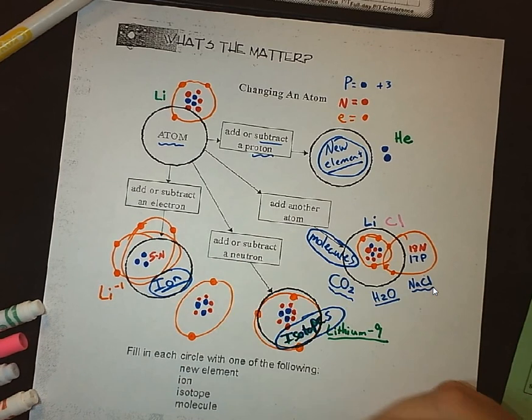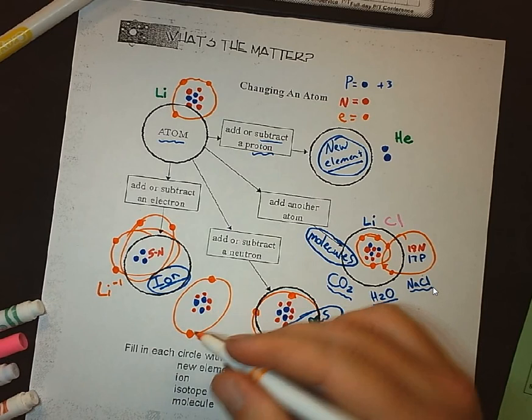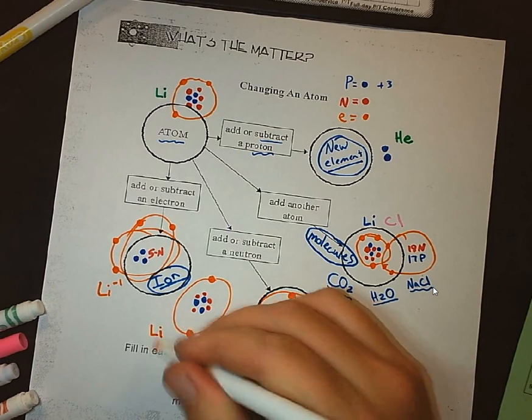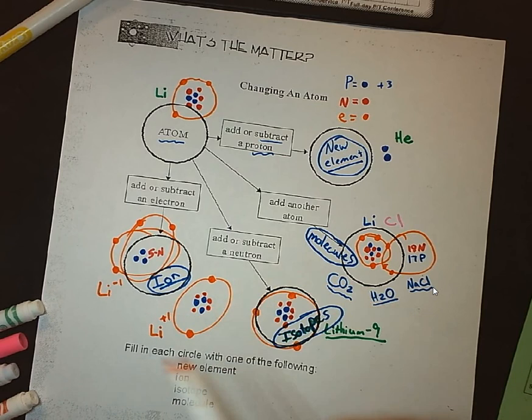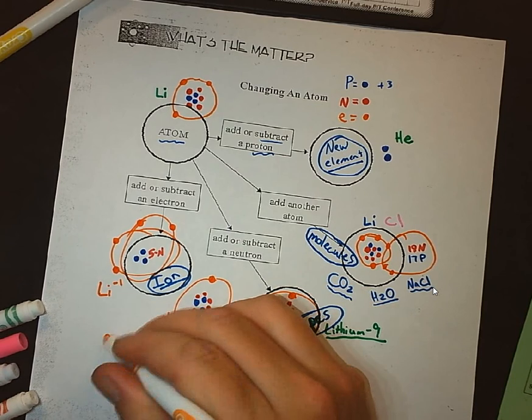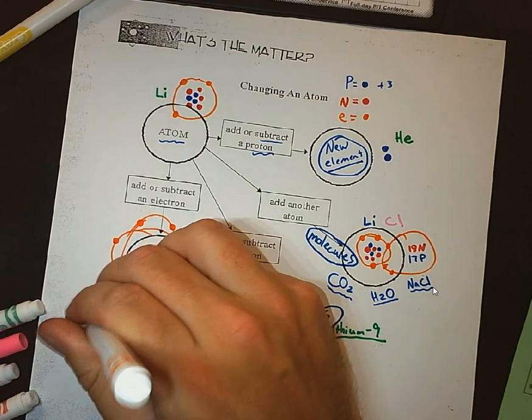So we now have 2 negatives and 3 positives. This would be lithium with a charge of +1. Positives are called cations, and negatives are called anions.